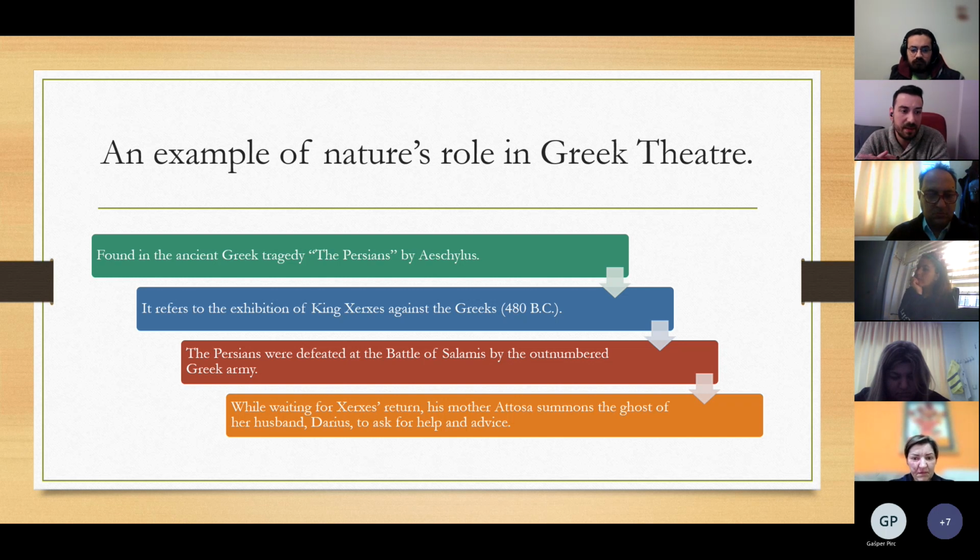The Persians were defeated at the Battle of Salamis by the outnumbered Greek army. The story is about Xerxes' mother, Atossa, who was waiting for her son's return, and she summoned the ghost of her husband Darius to ask for help and advice.